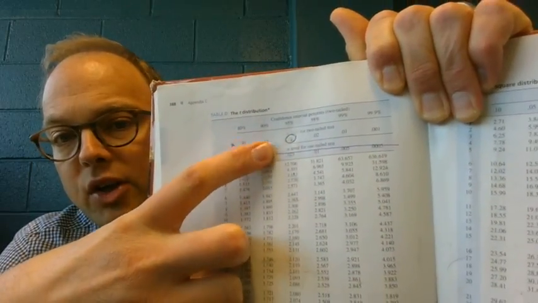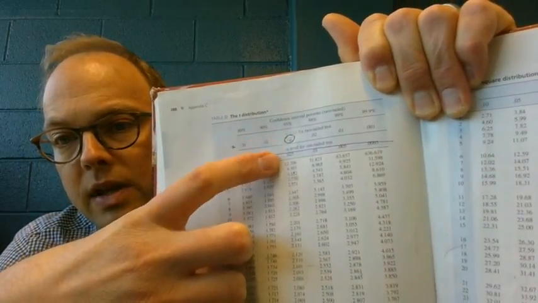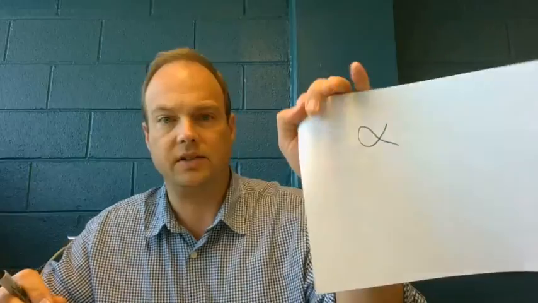Also, the very small symbol right before the word level, if you're looking at the t-table up here in the gray shaded area, at either the two-tailed test or the one-tailed test line, you'll see a symbol that looks similar to this. That is referred to as alpha, the alpha level.